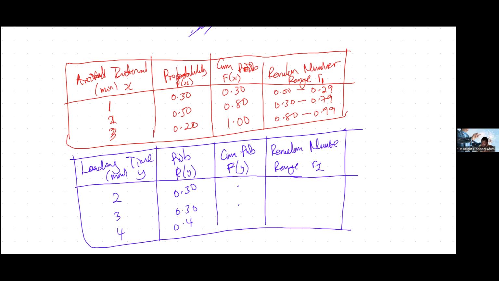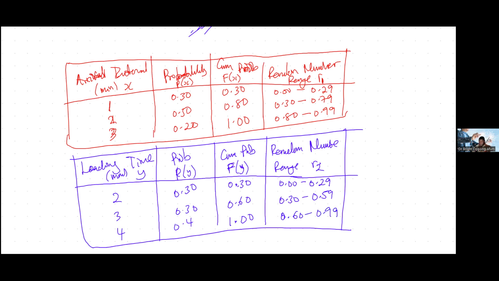So you can consequently look at the probability function and the cumulative probability function, and that will be 0.30, then 0.60, then plus 0.4 will be 1.00. All right, so the range will be from 0 to 0.29, from 0.30 to 0.59, then from 0.60 to 0.99.